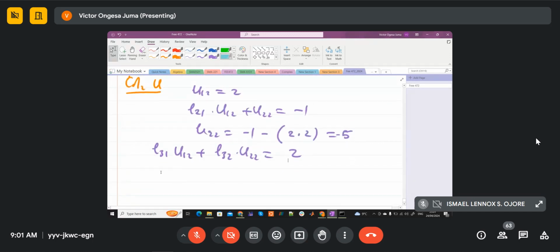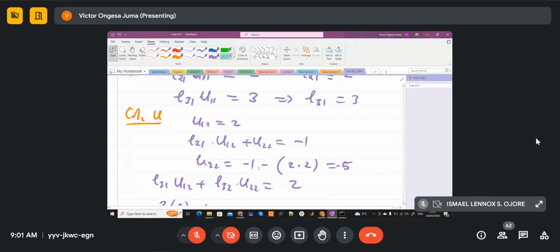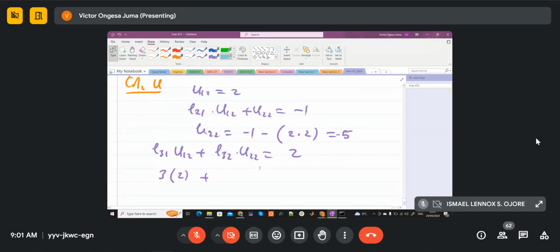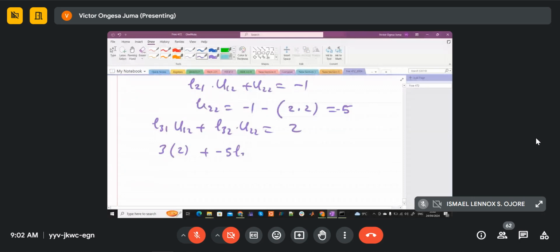It is 3, multiplied by U12 which is 2, and then plus L32. We don't know L32, right? So I'll have here minus 5 L32 is the same as 2. So this is positive, that's minus 1. That means L32 is the same as 1 over 5. No, is it 1 over 5? No, that is 6. 2 minus 6, that's minus 4. So it will be 4 over 5.